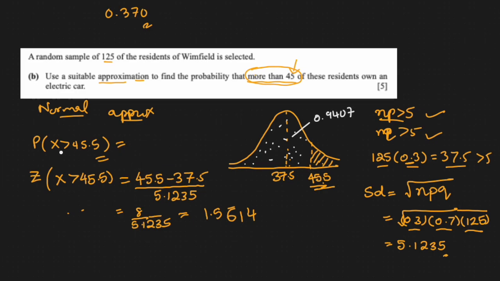We don't want less than, we want the greater area. The total sum of the probabilities is 1, so we subtract 0.9407 from 1 and we get 0.0593, and this will be the probability to 3 significant figures that more than 45 of these residents own an electric car.